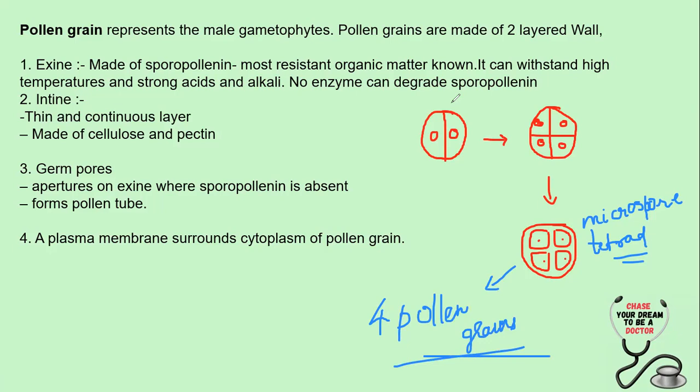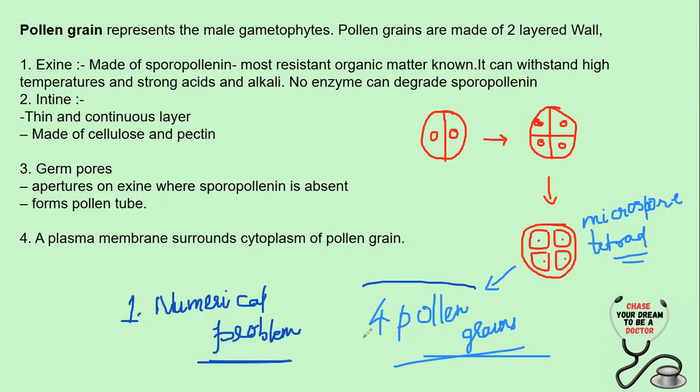For the CBSE board exam, you can expect one numerical type question from here. Even though this is the biology part, you can expect a numerical problem from this chapter, like how many pollen grains will be formed by 100 mitotic divisions or 100 meiotic divisions.